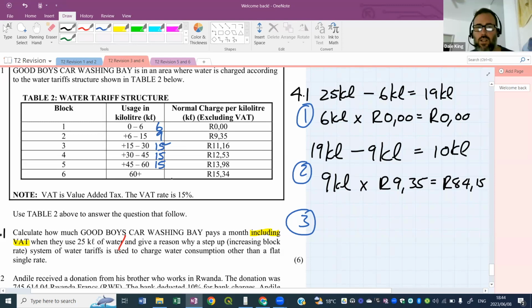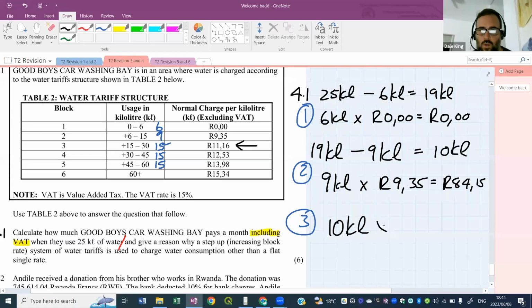So what we do now is a little bit different to what I've done already. I'm somewhere in block 3. Each kiloliter in block 3 is charged at 11 Rand 16. I've got 10 kiloliters. I'm not going through block 3. I'm going to stay here and get charged at 11 Rand 16. So my last 10 kiloliters, I don't have to minus water now. I'll just say this is my last 10 kiloliters.